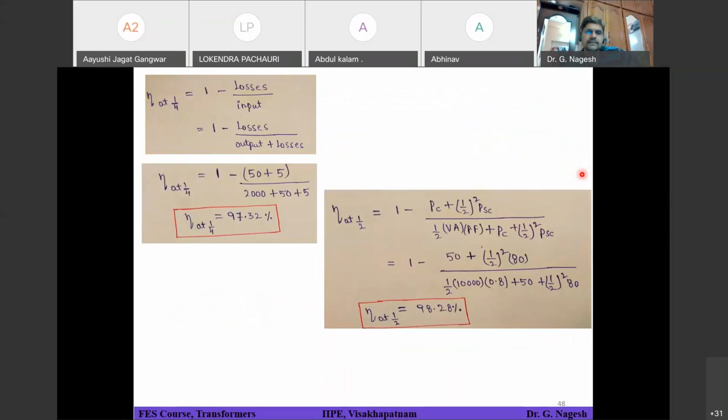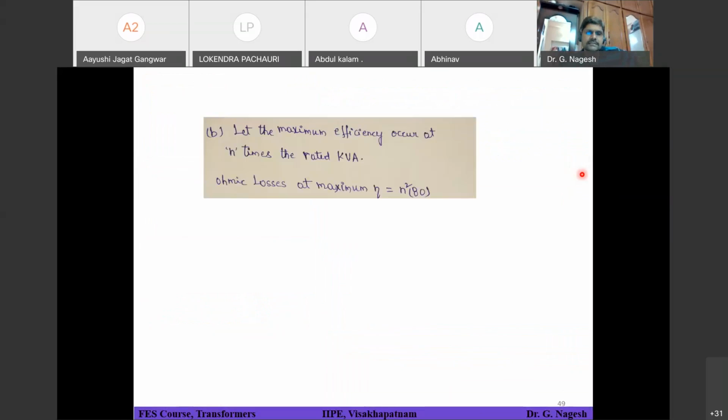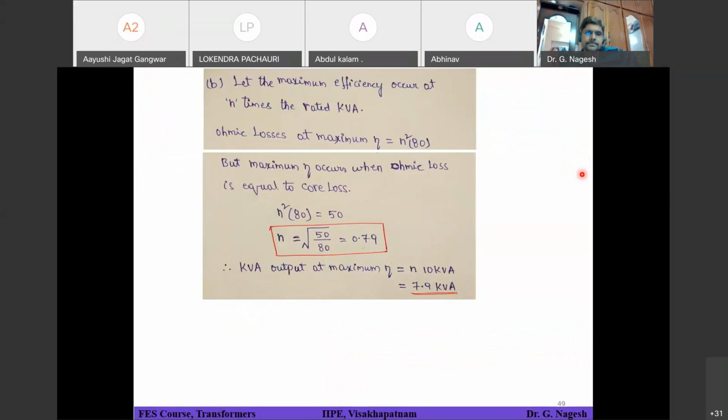So try to do that. You understood now what they are asking? At this output, they are asking us to calculate the efficiency. And the output kVA is 7.9 at 0.8 power factor.